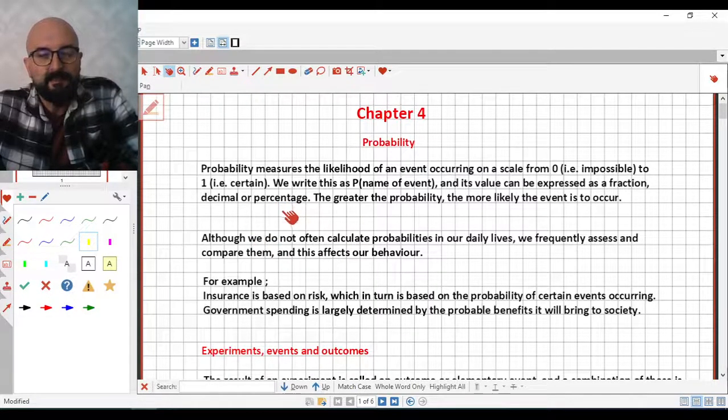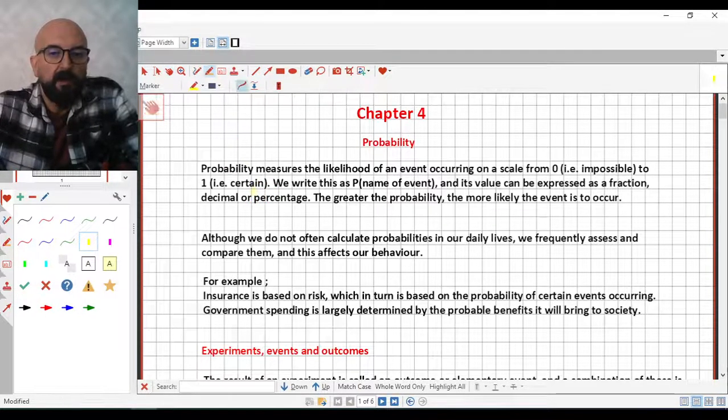In this lesson, I remind you about probability. Probability measures the likelihood of an event occurring on a scale from 0, called impossible, to 1, called certain.